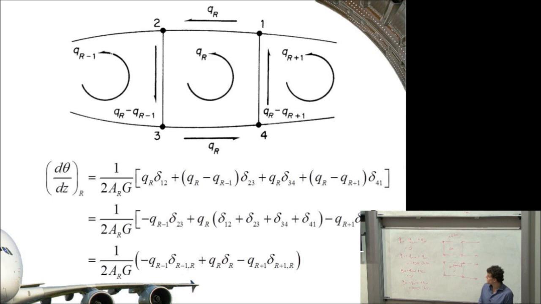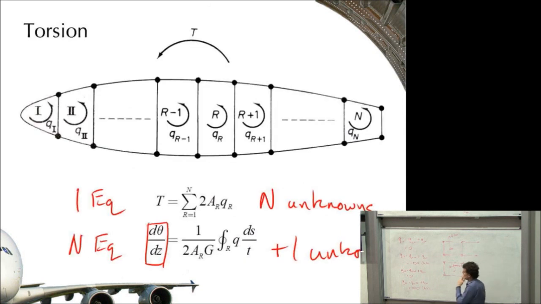The trick is to work out what we actually mean in our rate of twist equation. So our rate of twist equation here has an integral around each loop. So if we go around loop R of Q times the length that we're going on T, we could turn that into a sum as well.